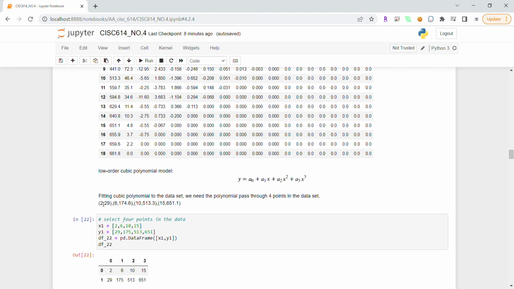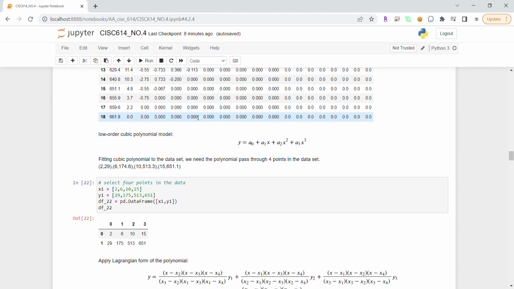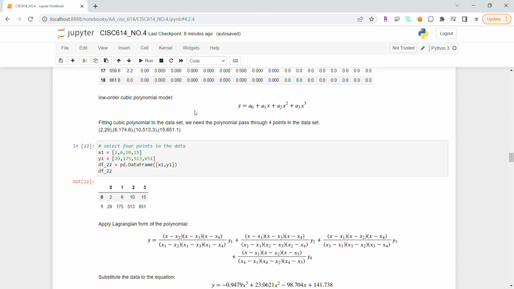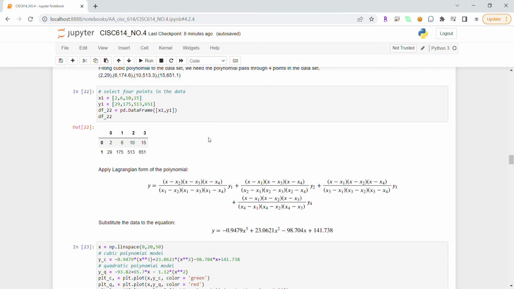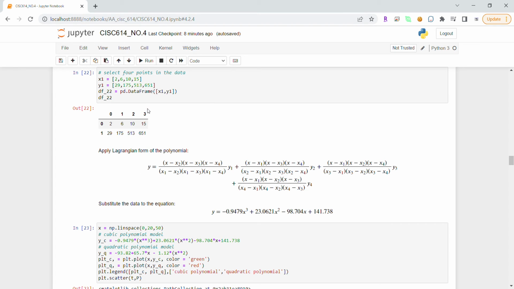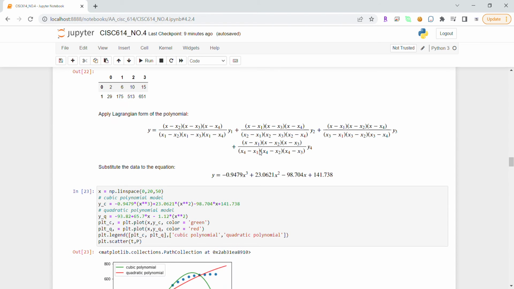I select these 4 points from the data set, and then I apply the Lagrange form of the polynomial. Then I substitute these 4 points into this equation, and we got the coefficients of the equation.